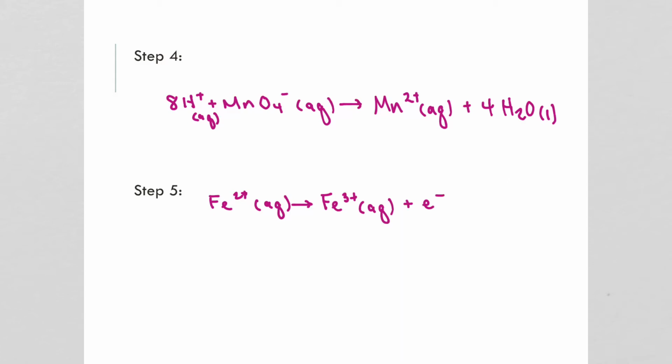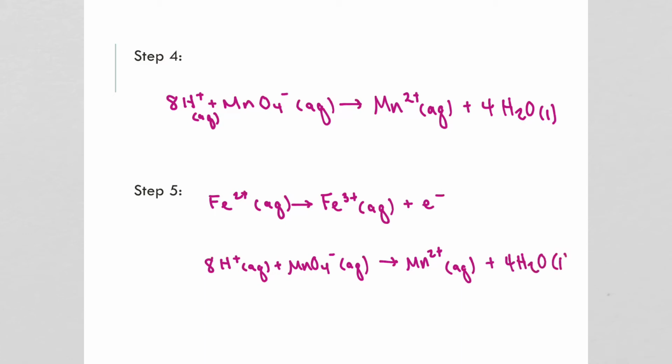And then on the other one, we need to figure out how many electrons we need. So we have our H+ aqueous plus MnO4- aqueous makes Mn2+ aqueous plus 4 H2O liquid.